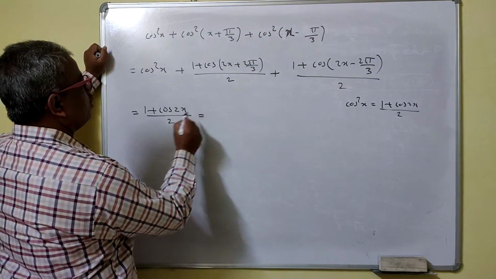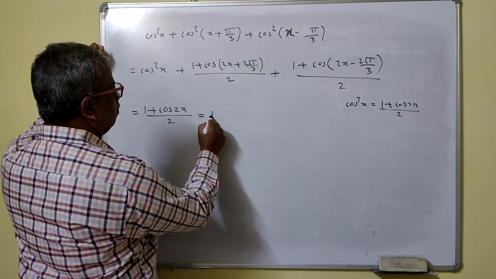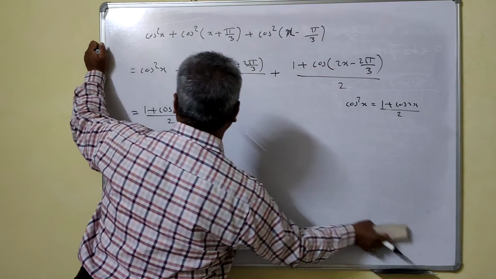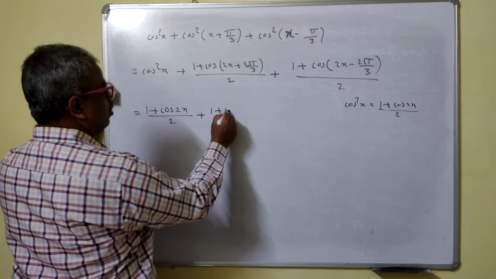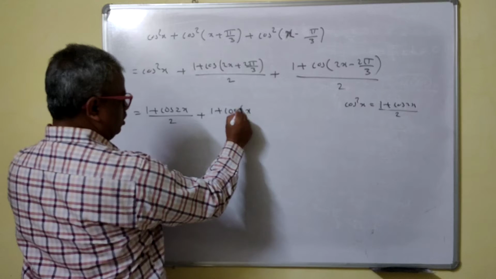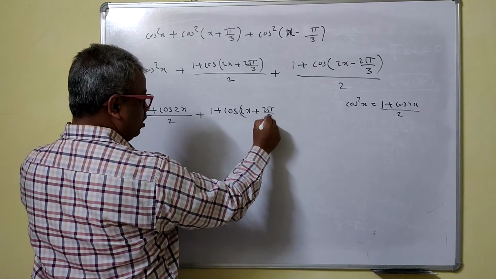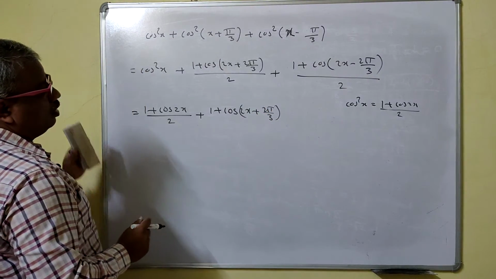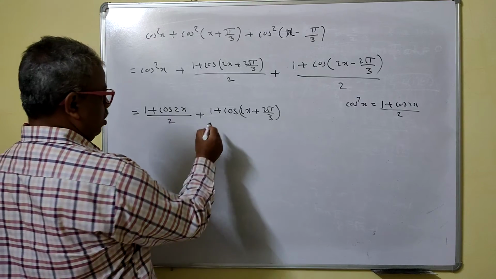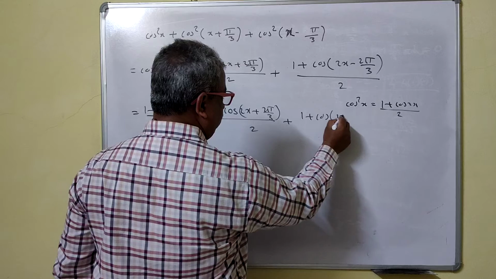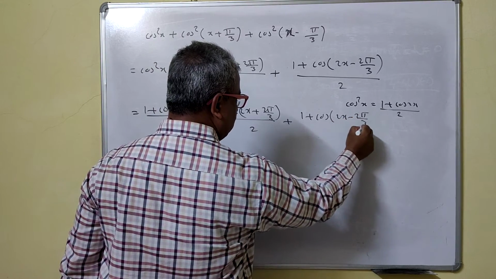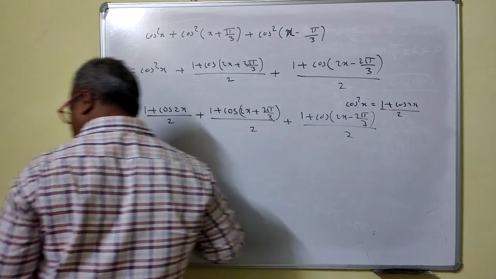Now this will be 1 half plus 1 plus cos of twice x plus 2 pi by 3, upon 2, plus 1 plus cos of twice x minus 2 pi by 3, upon 2, upon 2.